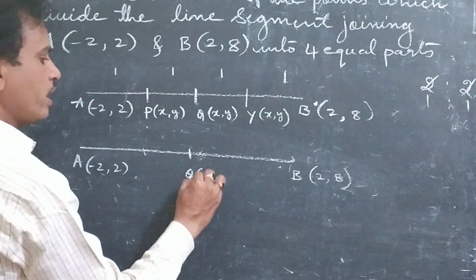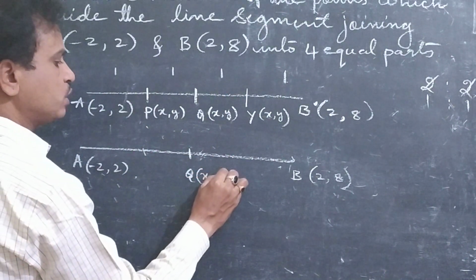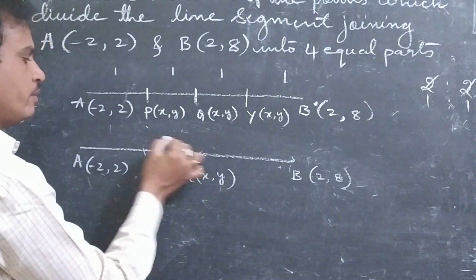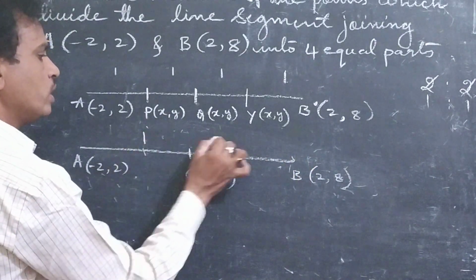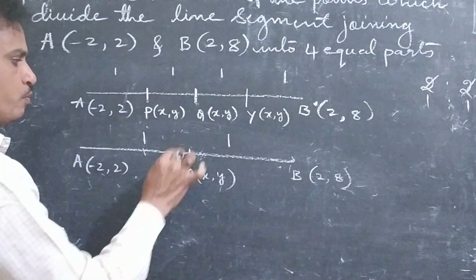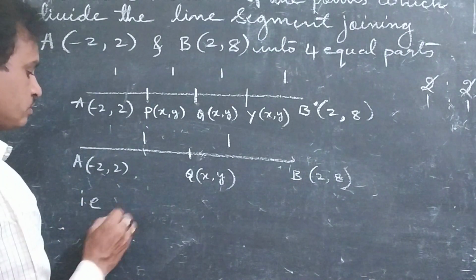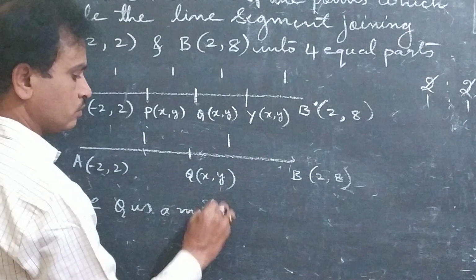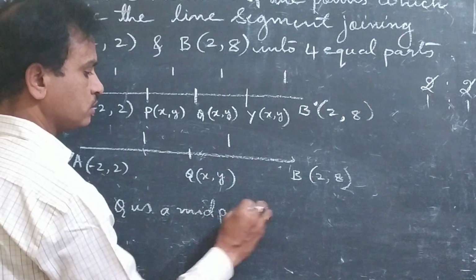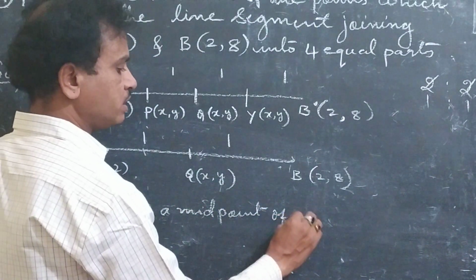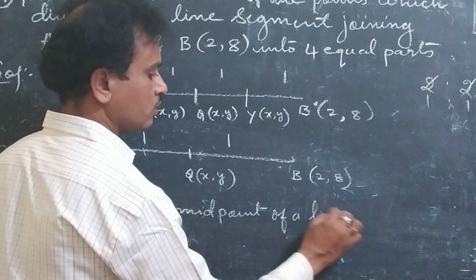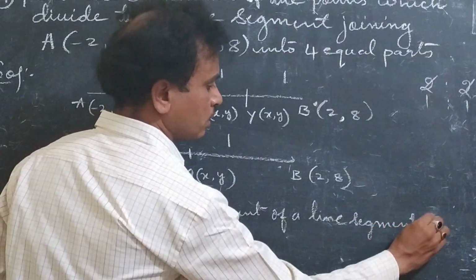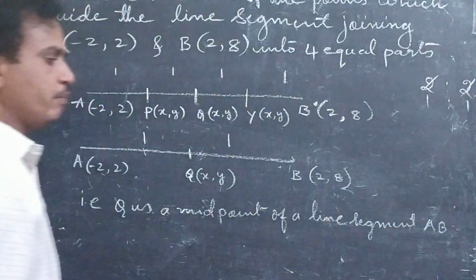So we should find the coordinates of point Q, x, y. Point Q divides the line segment in the ratio 1:1, that is, Q is the midpoint of line segment AB.